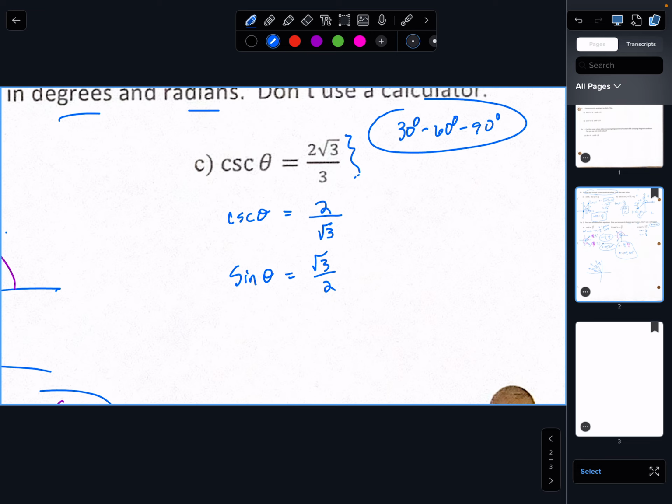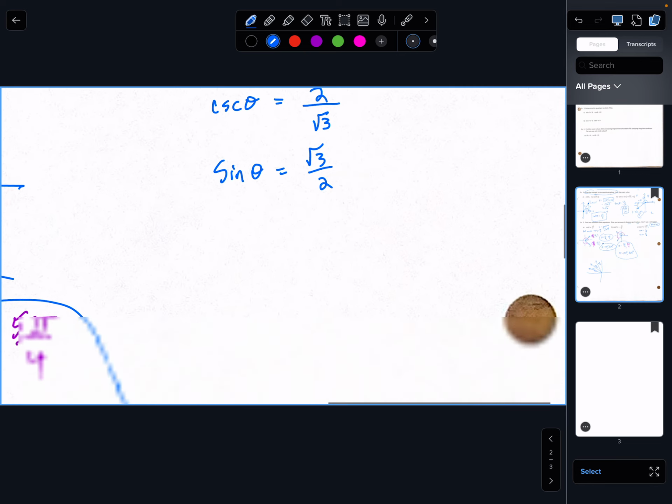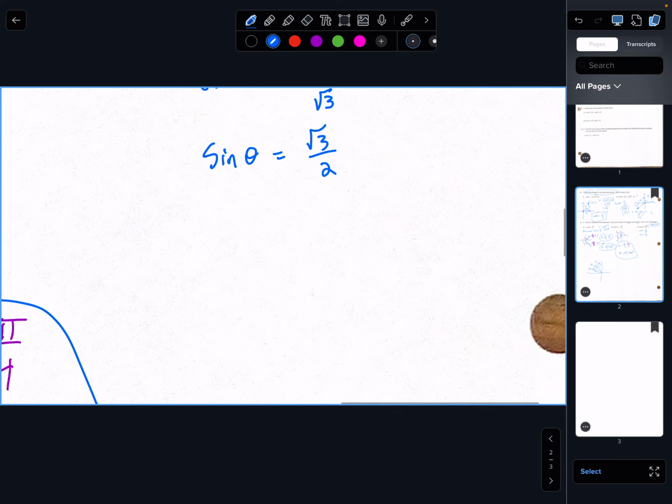So I'm looking at places where the sine, where y is root 3 over 2. And that's the long leg. This is a 60-degree reference angle. Where are you at on doing this? Sine is positive in quadrants 1 and 2.